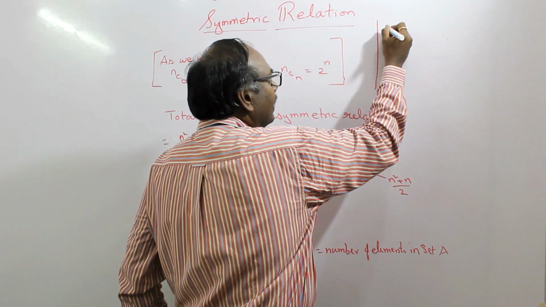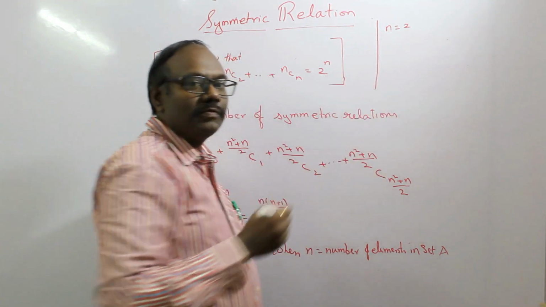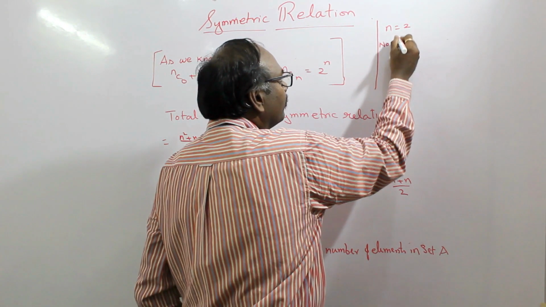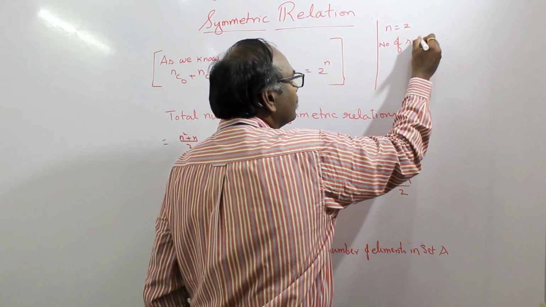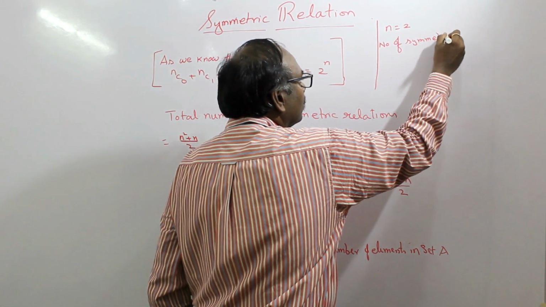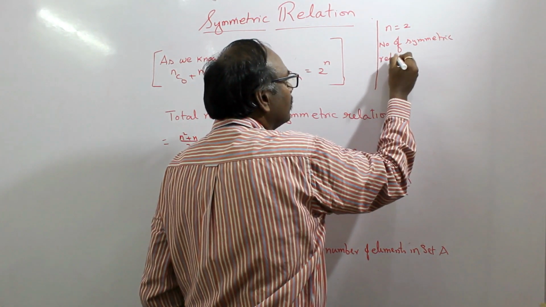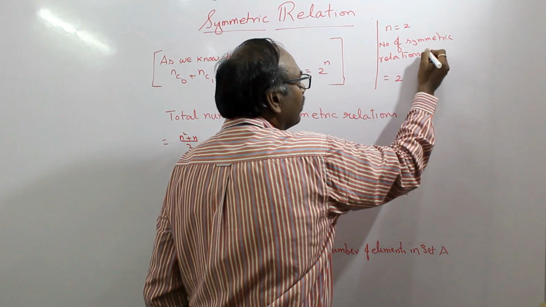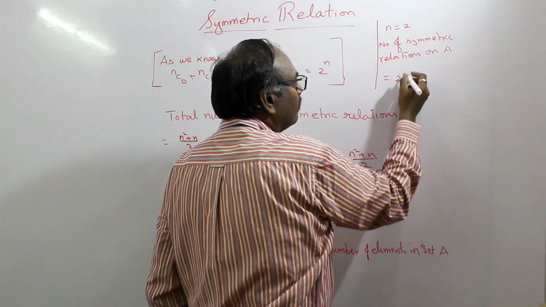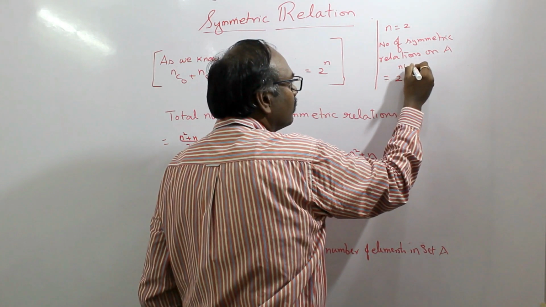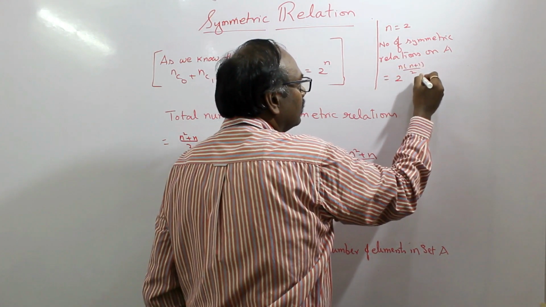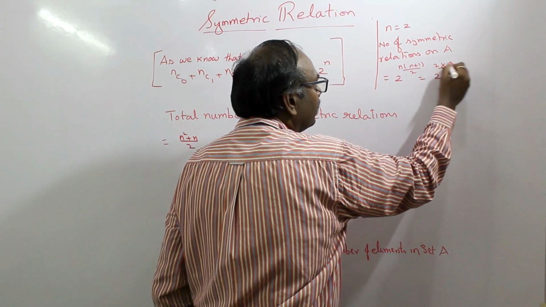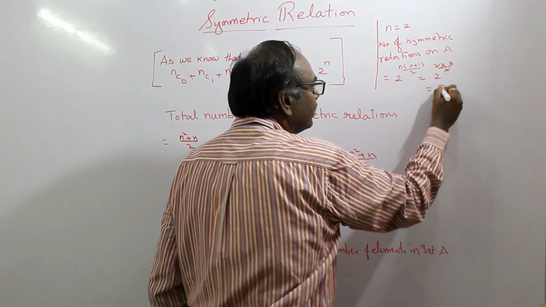If n equals 2, then the number of symmetric relations is equal to 2 to the power of n(n + 1)/2, that is 2 to the power of 2 × 3/2, that is equal to 8.